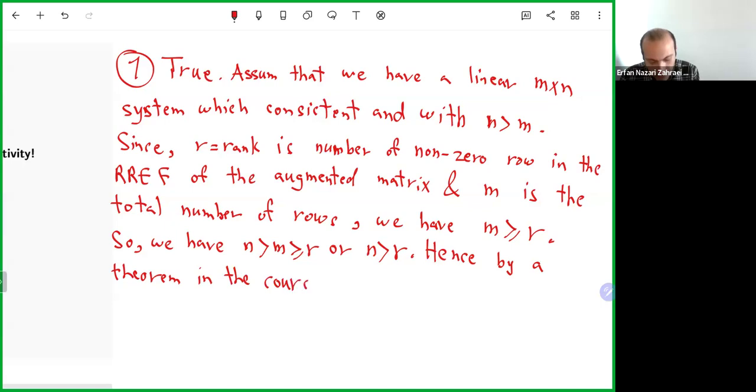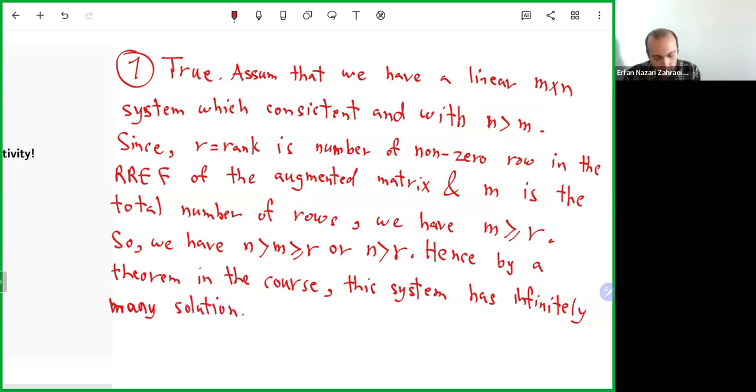What I'm talking about is that theorem that I showed you, the last part: a system being consistent and n being larger than the rank has infinitely many solutions. And that's what we wanted. That's basically the complete solution.